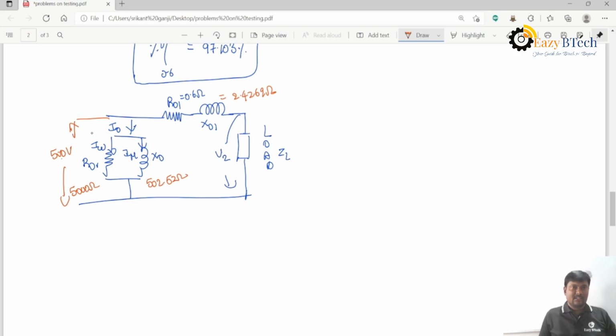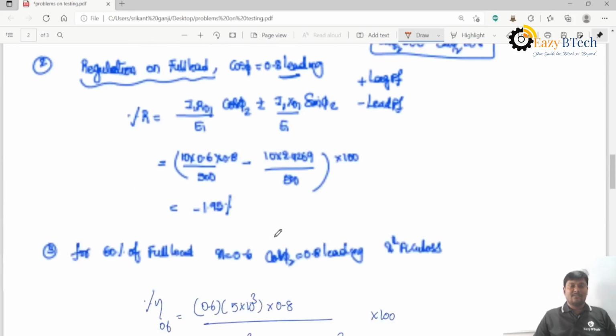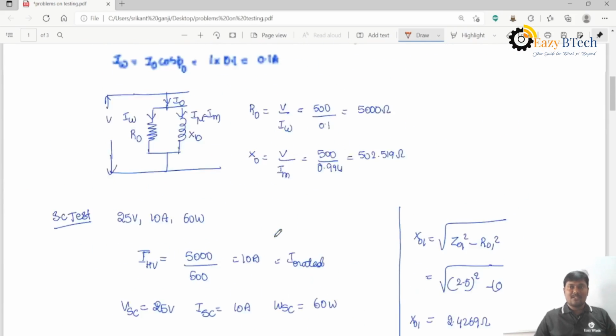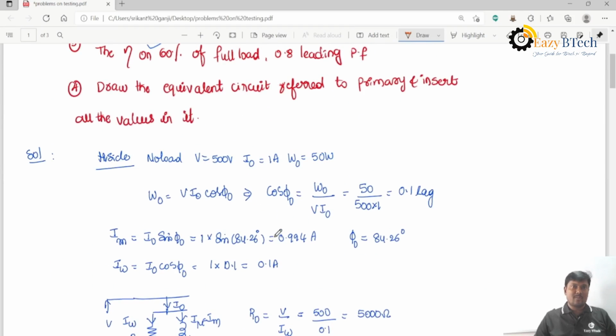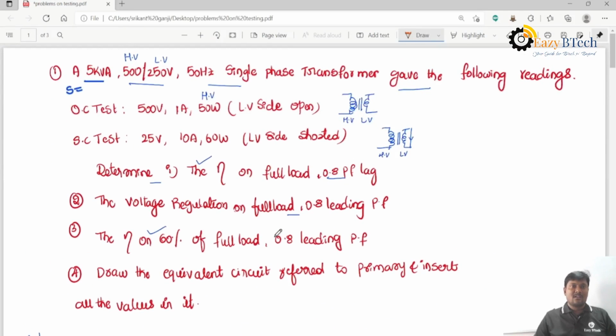Okay, this is the equivalent circuit of a single phase transformer when referred to HV side. So this problem covers most of the topics. If you remember, it is very easy.